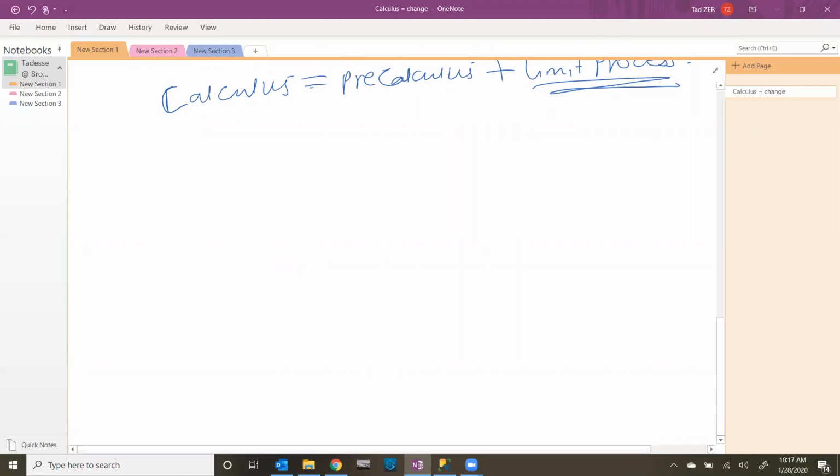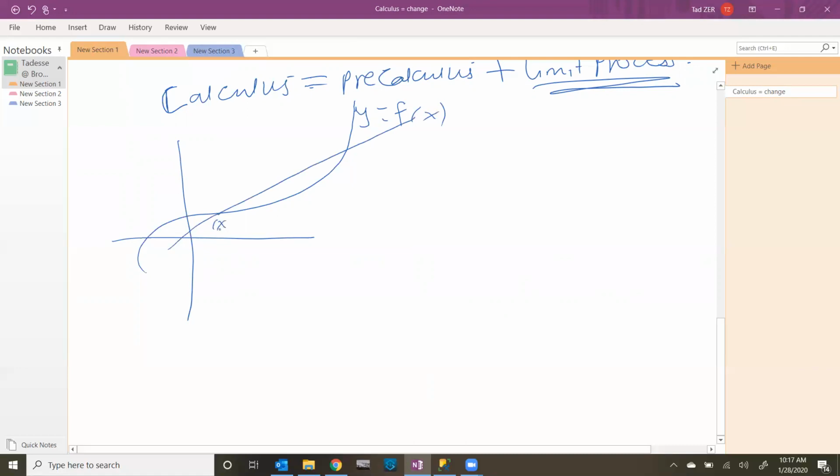The first question is, let's say you have a curve. This is y equal to f of x. Now, if you draw a line which cuts this curve at 2 points, x1, y1, and x2, y2, this is what we call a secant line. Secant means cut. This line is cutting the graph of y equal to f of x. Now, how do you find the slope of this secant line?